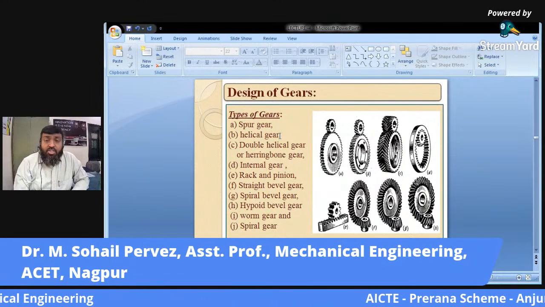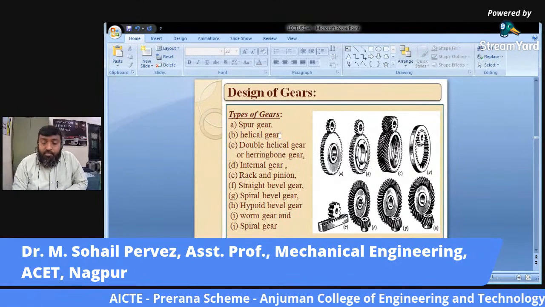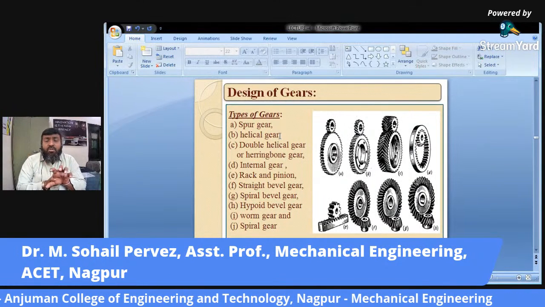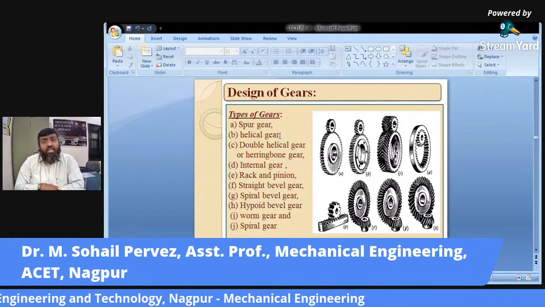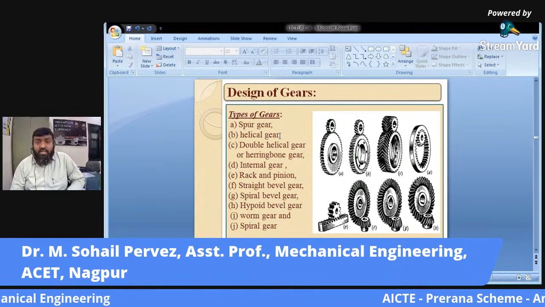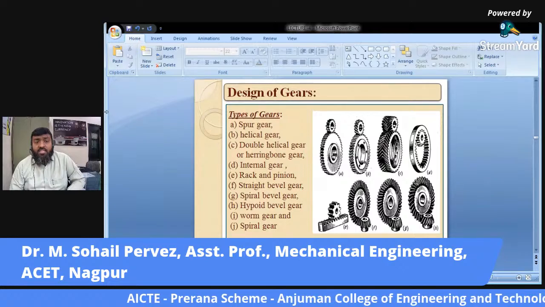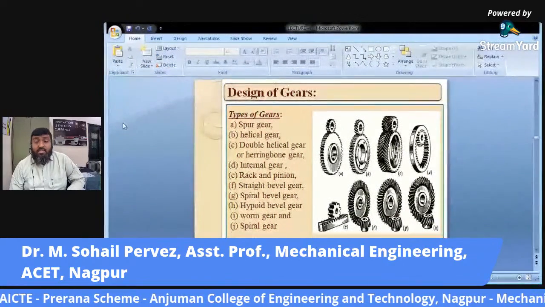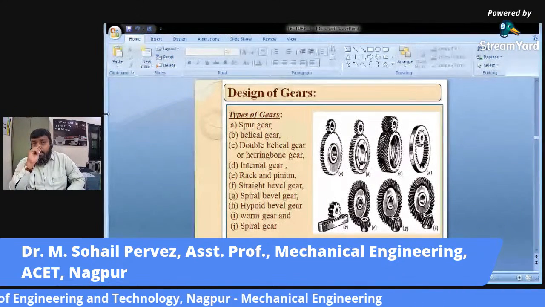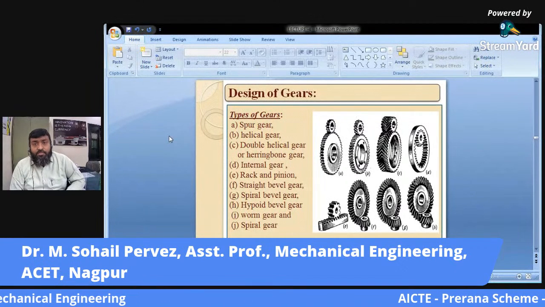The velocity ratio of worm and worm gear is very high because only one or two teeth get meshed with the gear's many teeth. Whereas with spur and helical gears it is low, about 4, 6, or 8 times. But as far as worm and worm gear is concerned, these gears tremendously increase the velocity ratio.